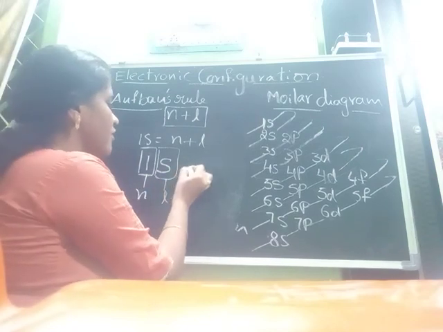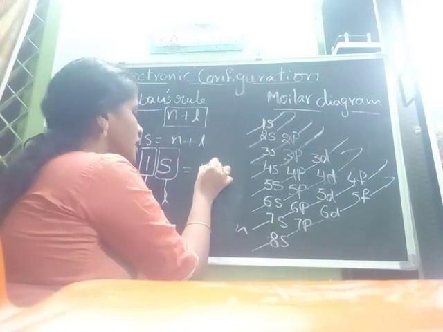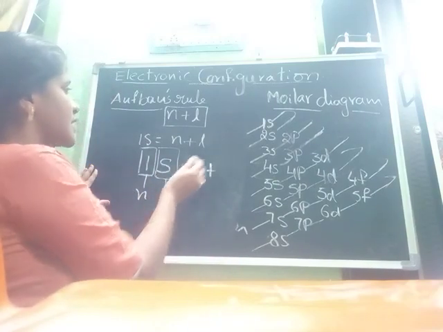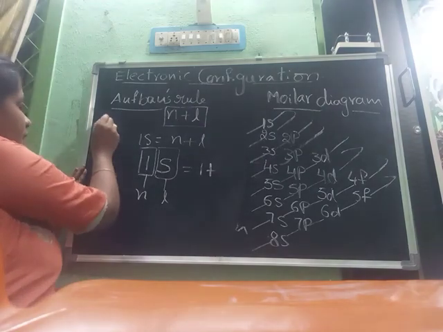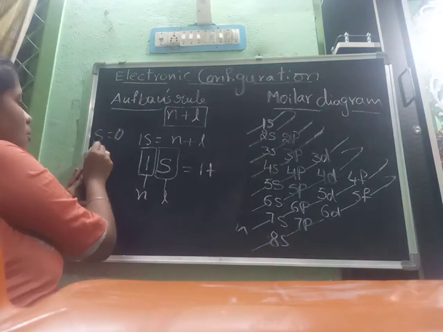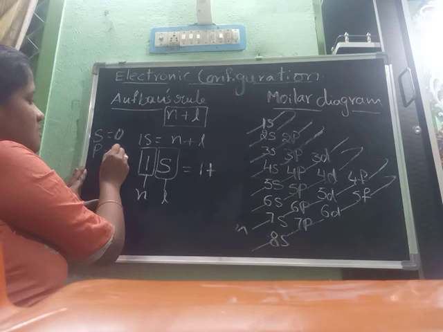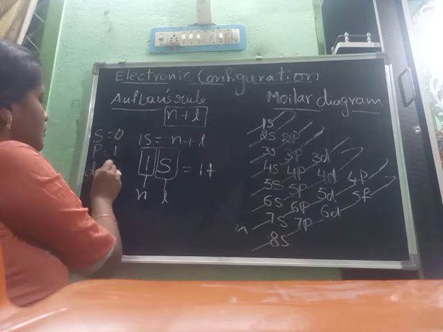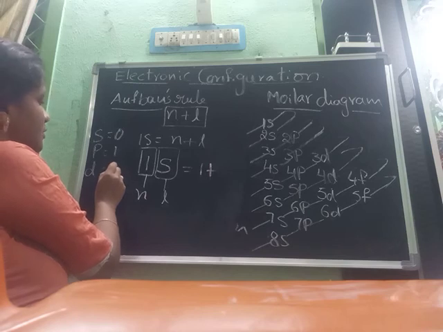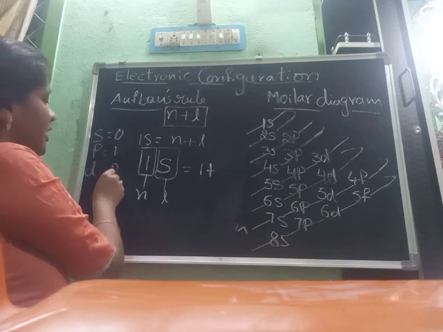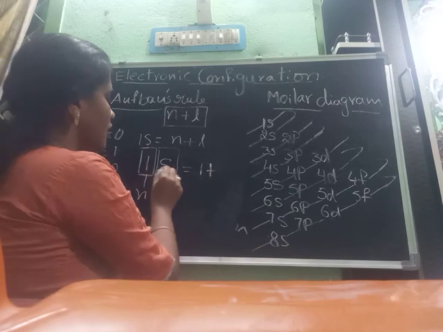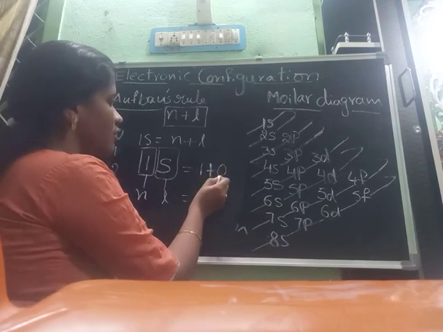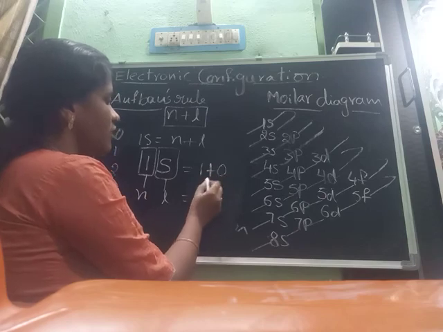Now what is n plus l value? n is 1. s value what is? See, s is 0, p is 1, and d is 2. Like that numbers will be. So 1s means 1 plus 0. What value will we get? 1.